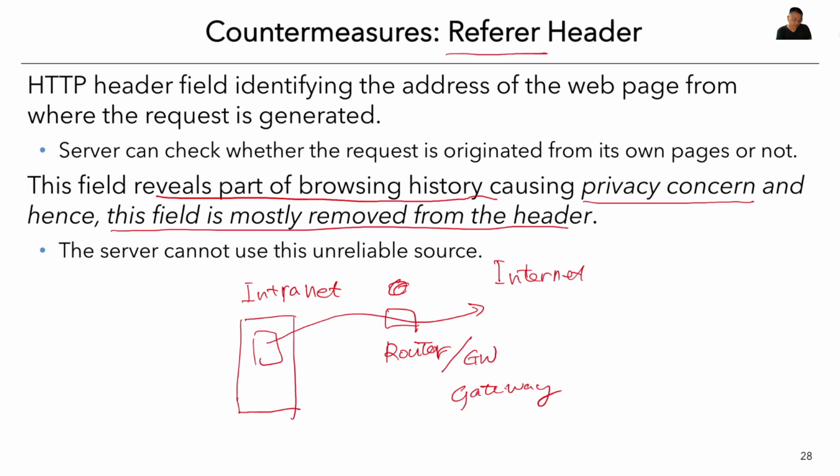Okay, so if this happens, the URL on the internal network, which refers to a public site, will be sent to the internet server. Now the server has a URL of the internal network.